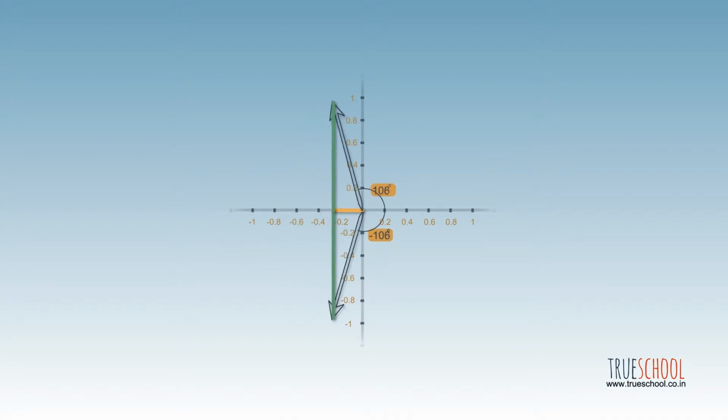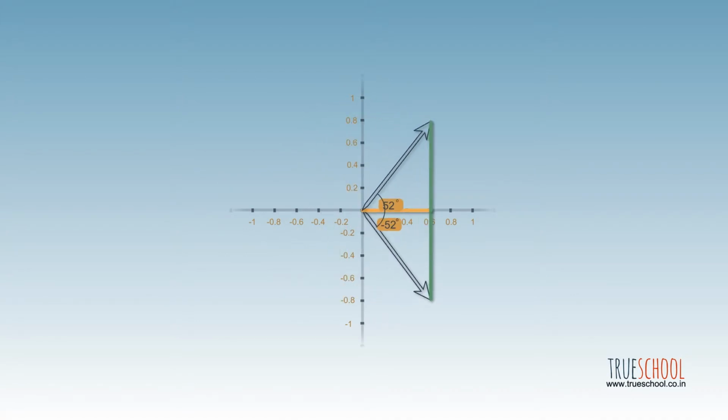This can be generalized for any angle. If you take the negative of this angle, you will see that the base remains the same but the perpendicular changes its sign. The final takeaway from this analysis is that when we take the negative of any angle, just its perpendicular changes its sign and base remains constant.